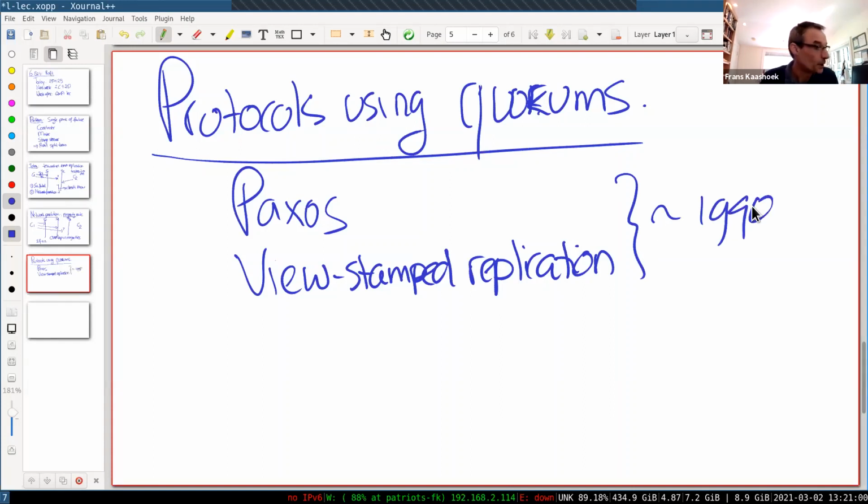They didn't get much attention at that point in time because people didn't really have a pressing need for completely automatic fault tolerant systems. But that changed in the last 15 years. In the last 15 years, there has been much use of these protocols.